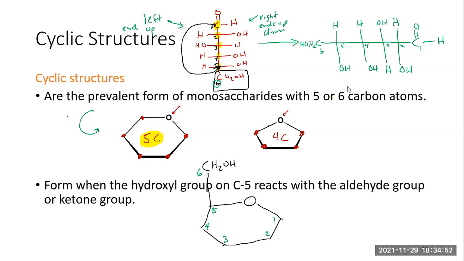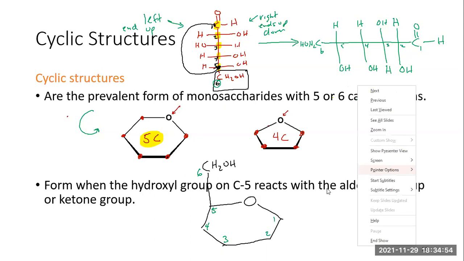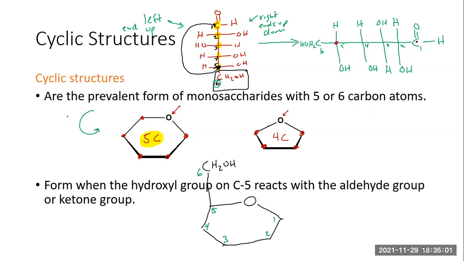First off, the connection that occurs when we form the ring is carbon number 5 and carbon number 1. Again, an oxygen gets incorporated into here. So when we come down here, we actually skip number 5 and we go to number 4. When we look at number 4, we see the OH group is down, which means we draw the OH group down.